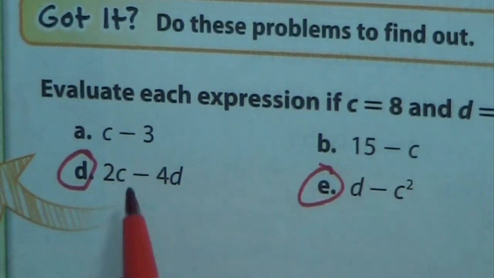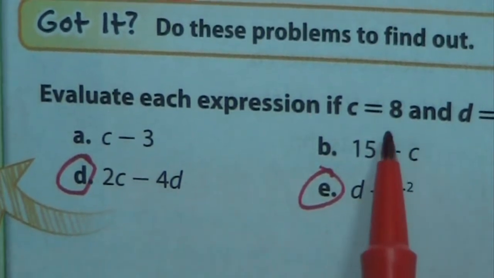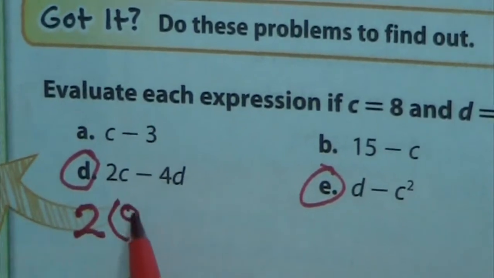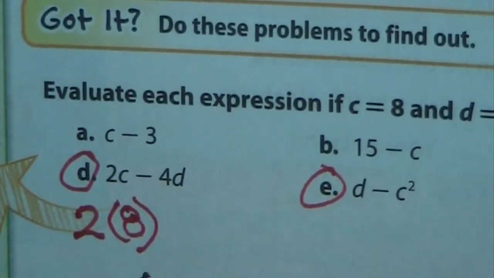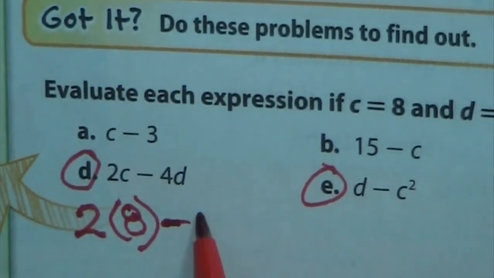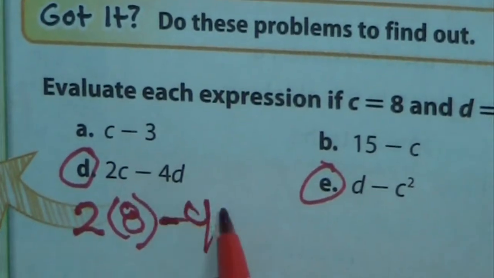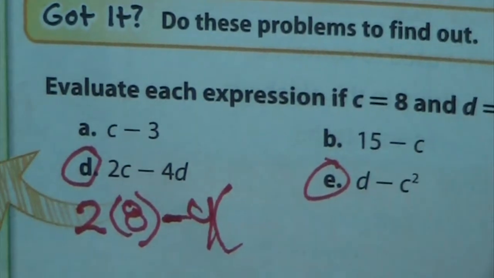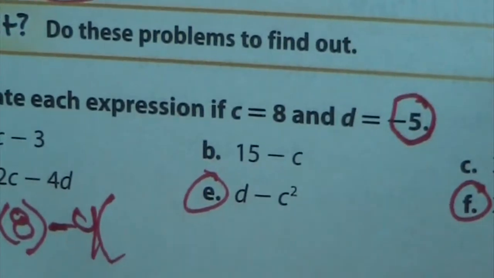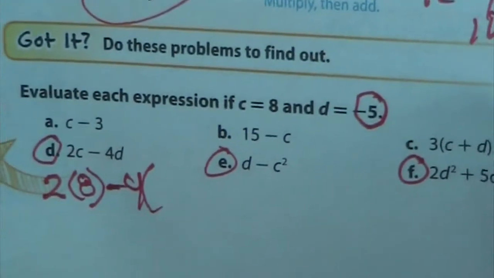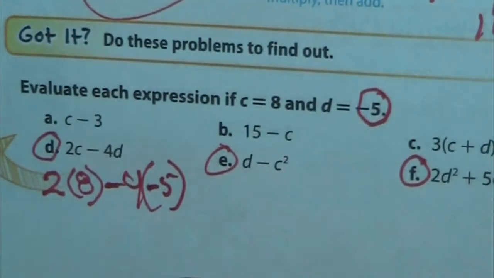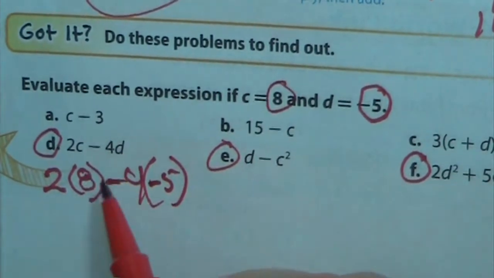For example, it says C is 8. So I would write this as 2 times 8, because that's 2 times C, minus 4 times D. D is supposed to be negative 5. So I will put negative 5 in there. Got it? You just put the number for the letter.